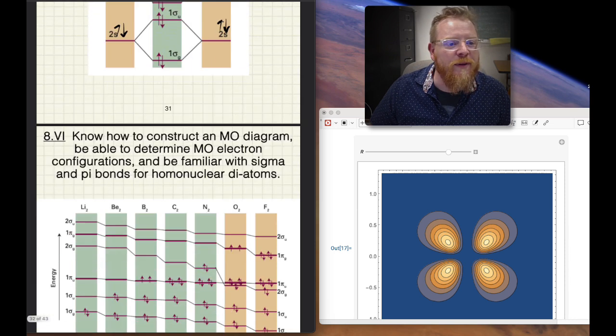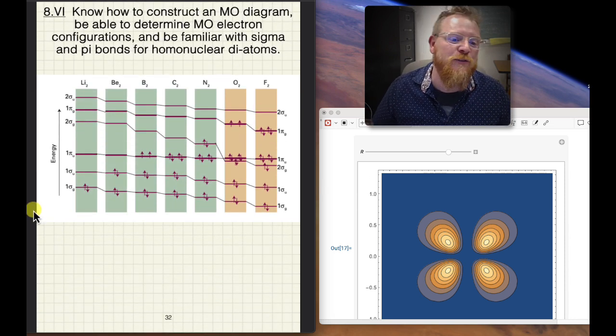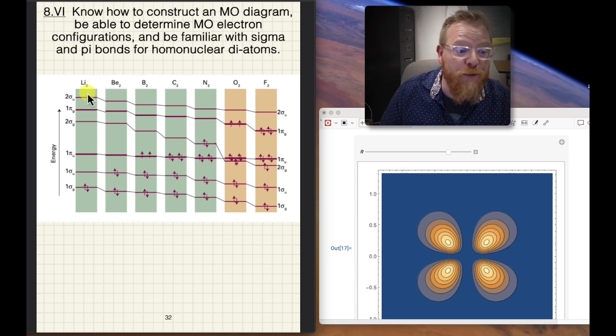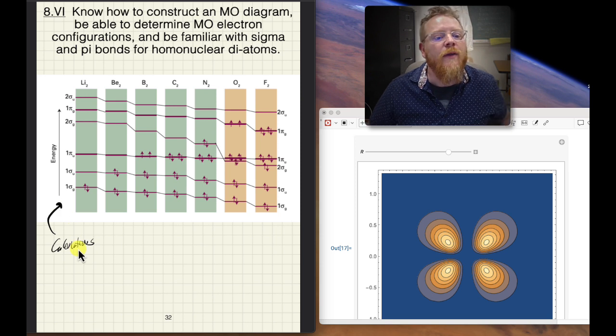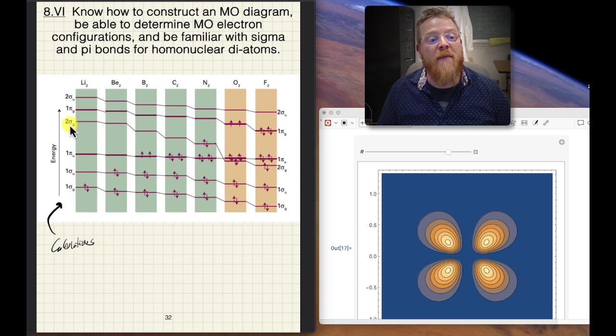Okay, so let's take a closer look at this s and p mixing, and this will be the last slide of the video. These are from calculations. These aren't just made up. What you'll notice here, particularly with the 2 sigma g orbital, is that it massively lowers as we go across the periodic table.